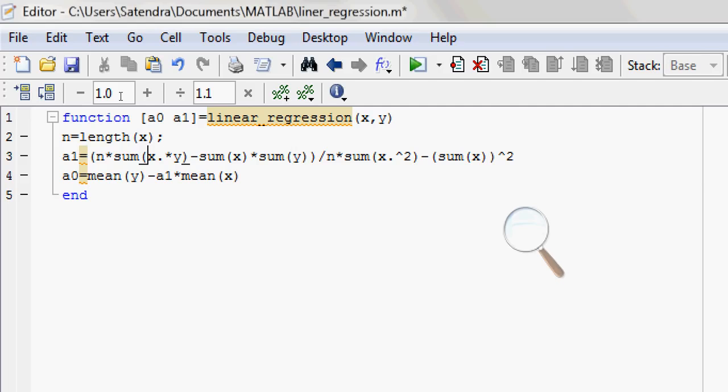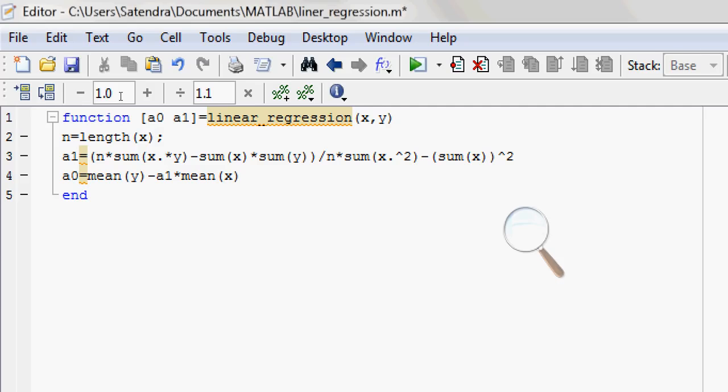First of all, calculate the length of the vector x, and it will be stored in n. Then choose a variable a1, which will be the coefficient of x in the main equation. According to the formula, it will be n times the sum of x times y. Now here comes the concept of the dot product.